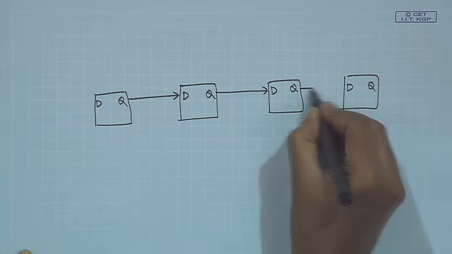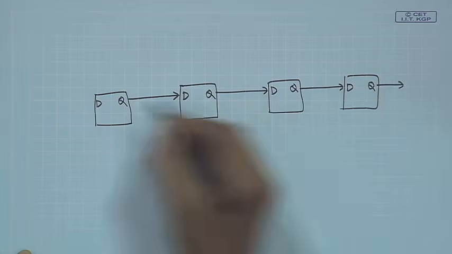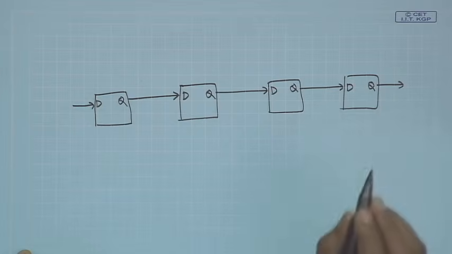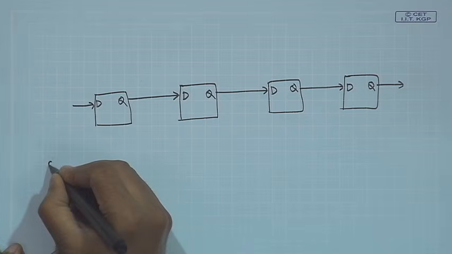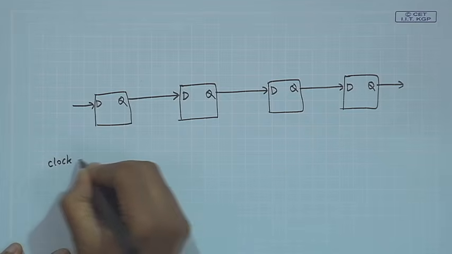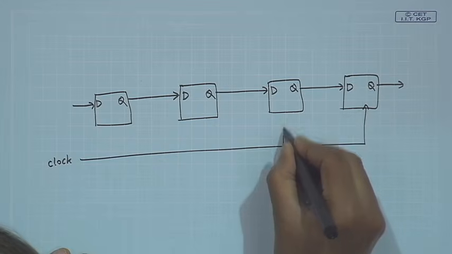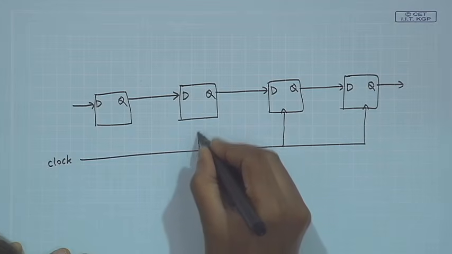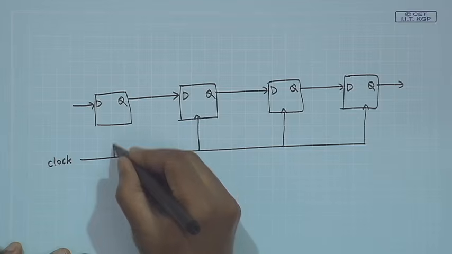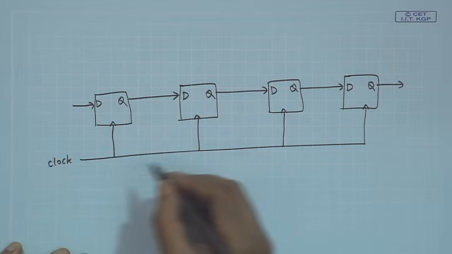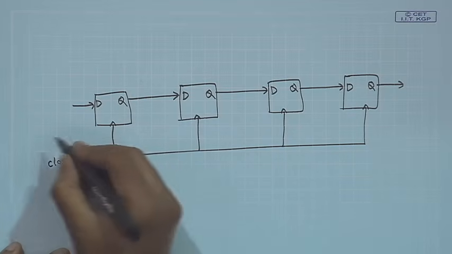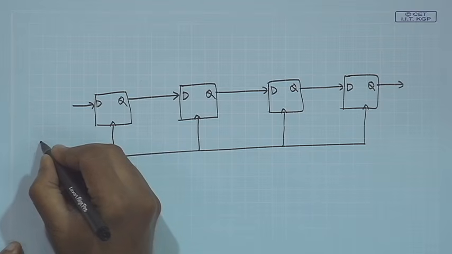The output of one flip flop will go to the input of the second flip flop. This is what we are trying to model, and of course, there will be a clock signal feeding in parallel to all the flip flops, and there will also be a clear input.